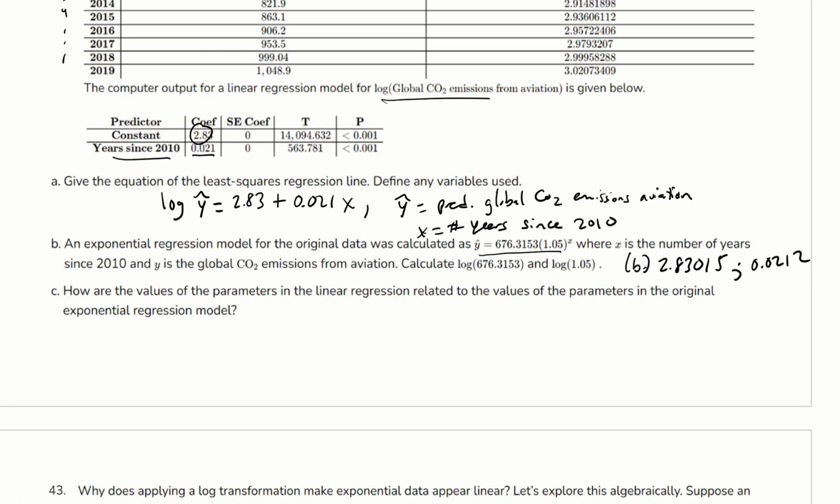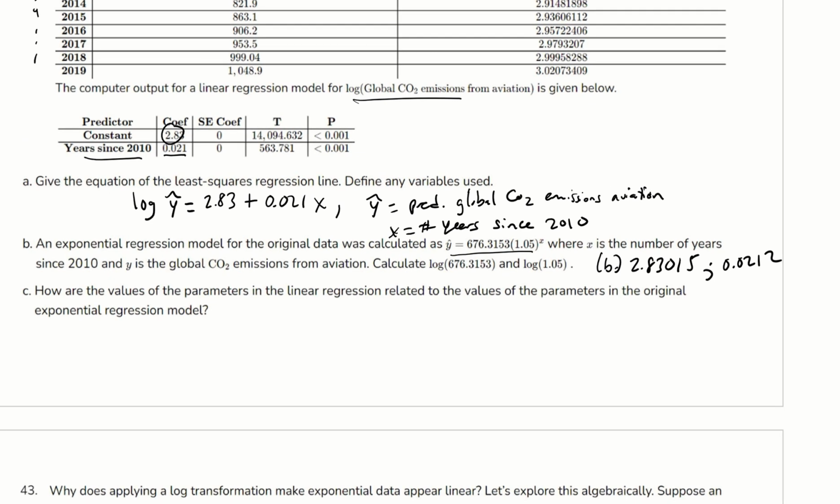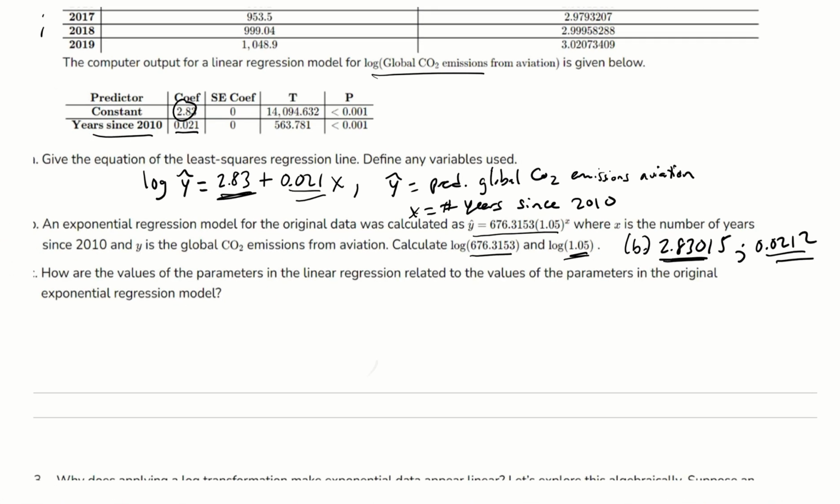All right, so part C, how are the values of the parameters in the linear regression related to the values of the parameters in the original exponential regression model? Well, if you notice, when we took the log of this, we got 2.83, which was this number. When you took the log of 1.05, you got 0.021, which is this number right here. So you can see that those are related, right?